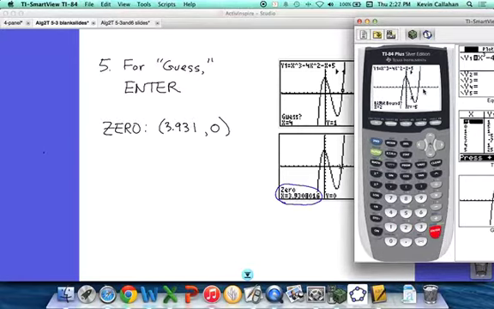For the right bound, if I'm looking for that 0, then to the right means on the number line, right of that are all these x values. You have to use an x value which is on the screen. If you go with an x value that's way over here, you'll get an error. But let's say 8. 8 looks like it's to the right. And then you hit guess.